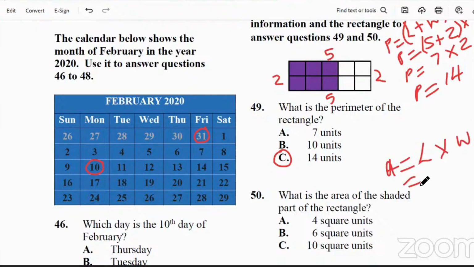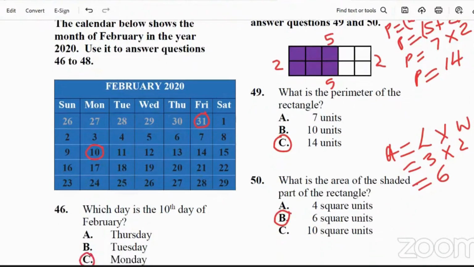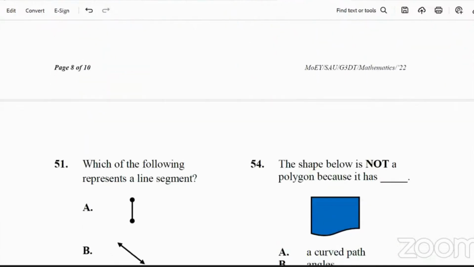So that would be equal to 3, that's the length, times 2, that's the width. That would be 6 square units. Remember that when we do area, it's measured in square units. So the answer would be B. Remember, it's not the area of the entire rectangle, just the shaded part, which is 3 times 2. All right, 10 more questions to go.